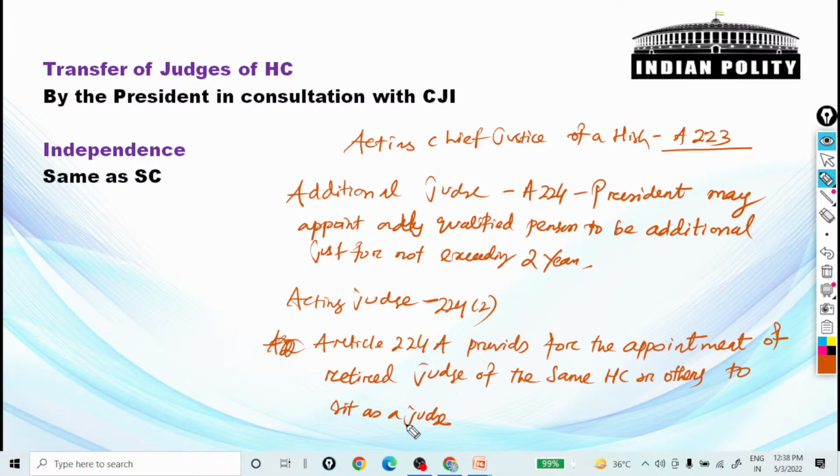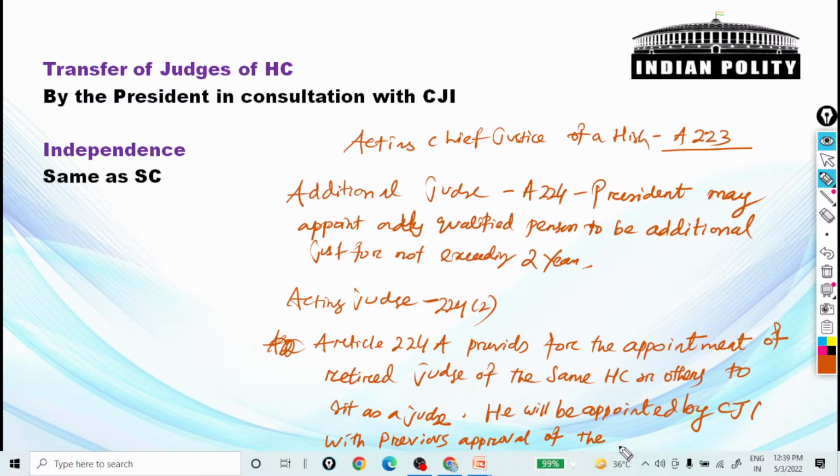So as a judge for a temporary period of time, he will be appointed by the CJI with previous approval of the president.